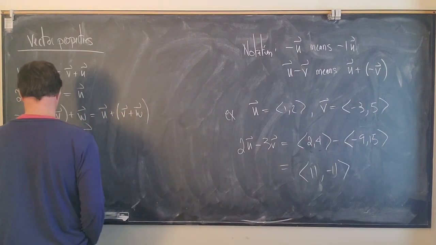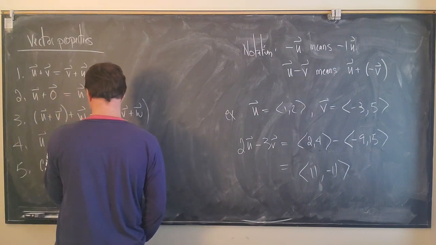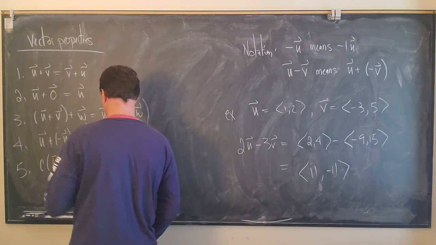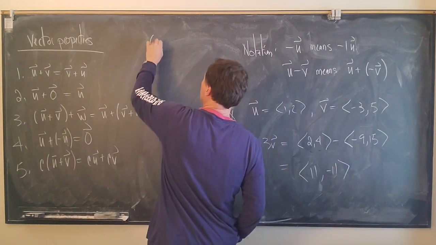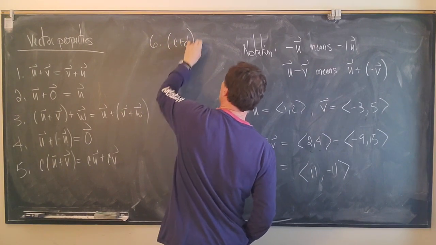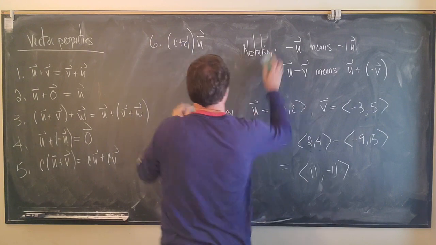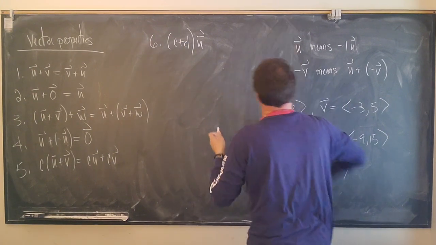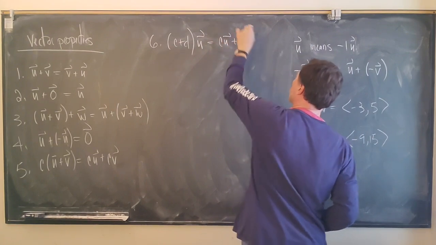Scalar multiplication is distributive, so c times (u plus v) is cu plus cv. And it's actually distributive in two different ways, so we can also do (c plus d) times u, and that will be equal to c times u plus d times u.